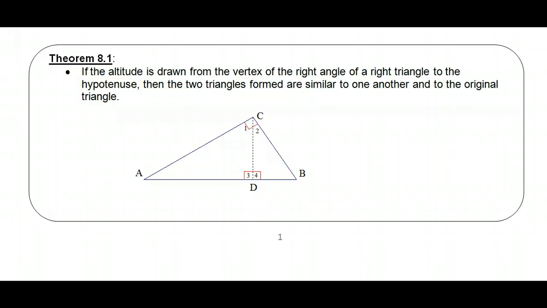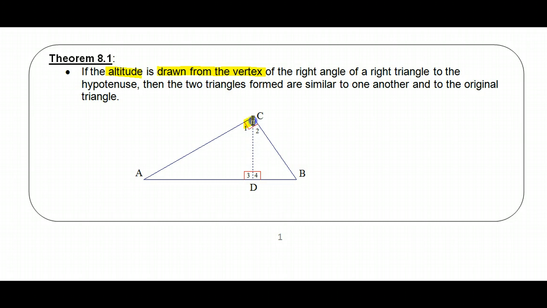Okay. So here in Theorem 8, if we have an altitude that is drawn from the vertex of the right angle. So you have a right triangle to begin with, right? So ABC is a right triangle.